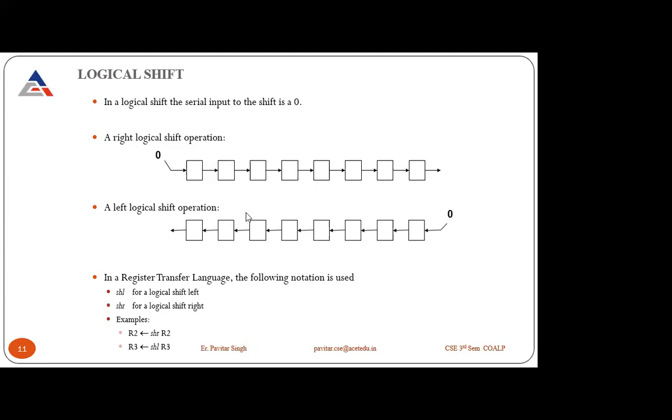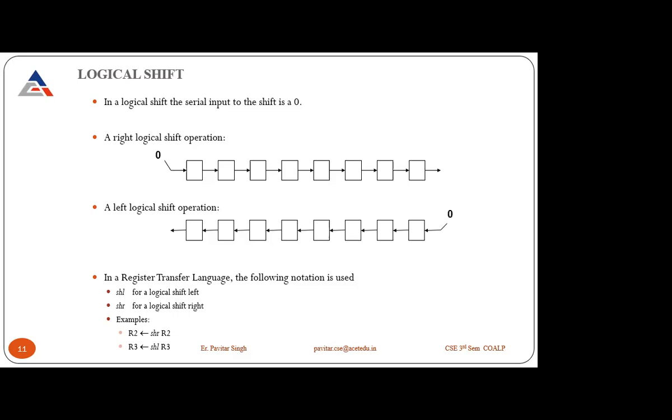For a left logical shift operation, the 0 value will be inserted from the right side and all the other bit values are shifted to the left hand side, as the name says, right? So we have two categories of logical shift operation. The one is called SHL and the other one is called SHR.